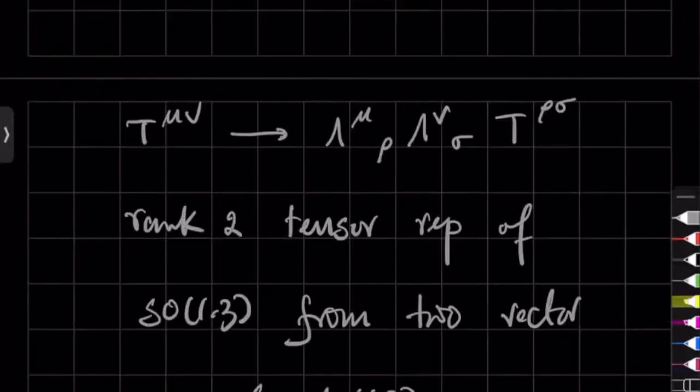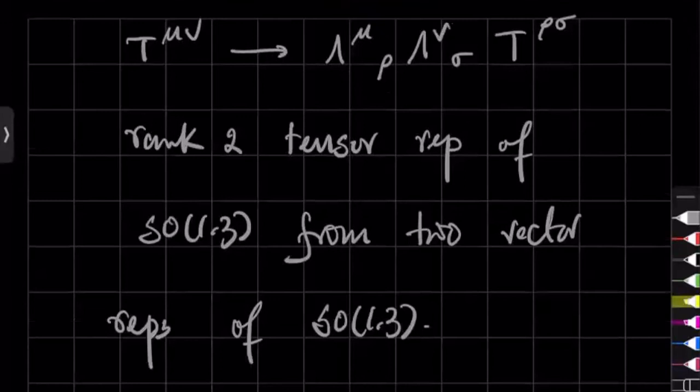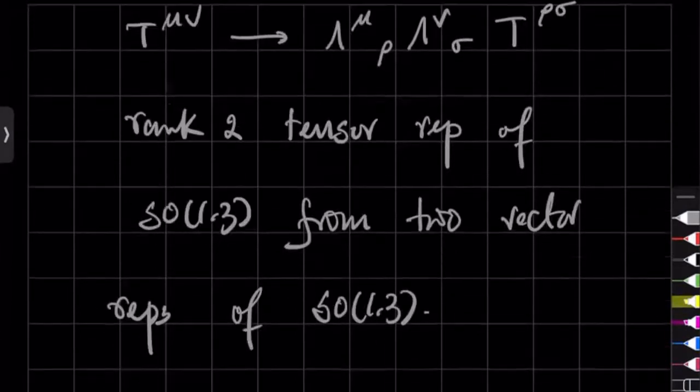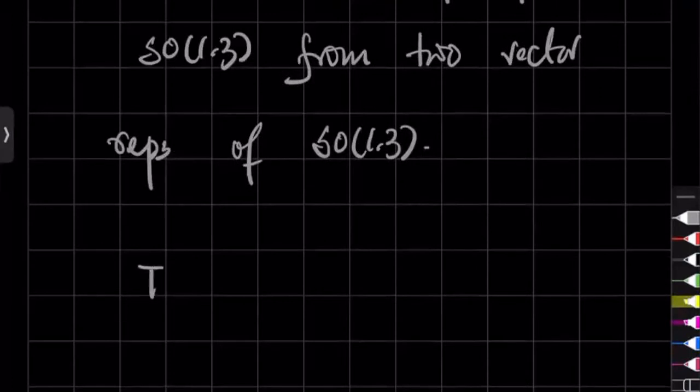But it turns out this is not an irreducible representation. Okay, so as Nahi was saying, let's count how many components T mu nu has. Can someone tell me the number of components this has?